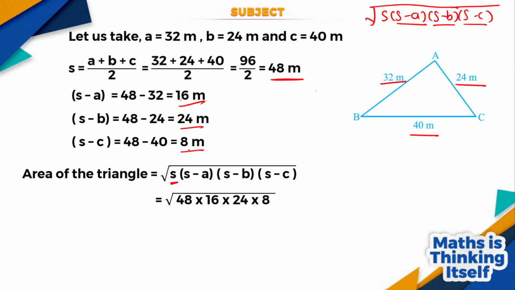Now the next step is important. We know that if 4 into 4 is written under the square root sign, then 4 is written outside the square root sign.